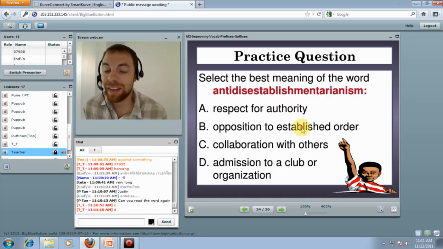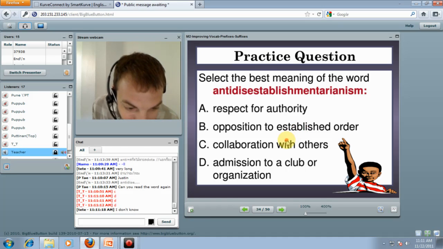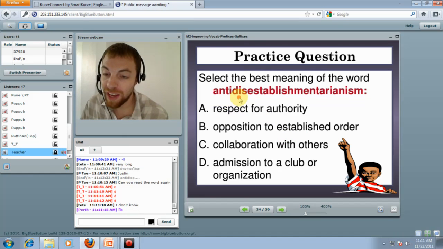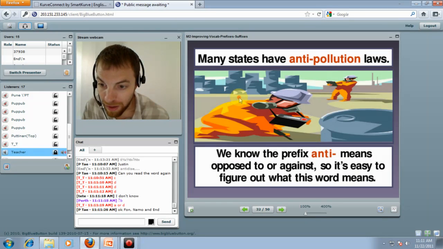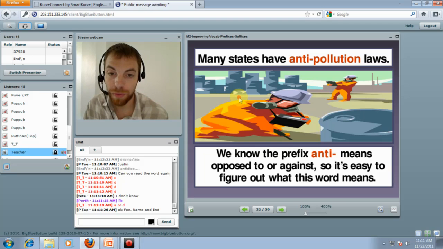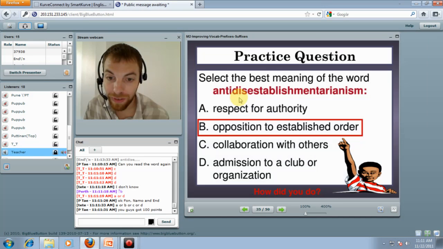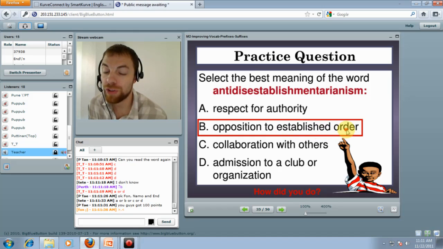Alright. Let's start and find the prefix. Anti. Now what does anti mean? Anti means against or opposed to. So, I think the best choice is B. Opposed to established order.